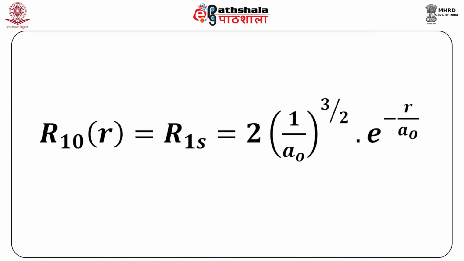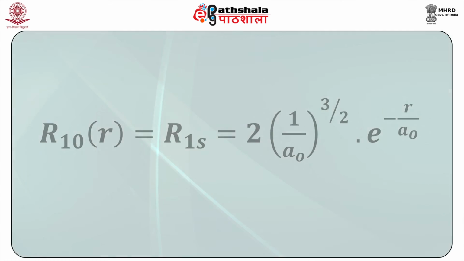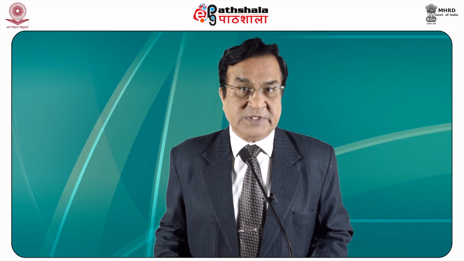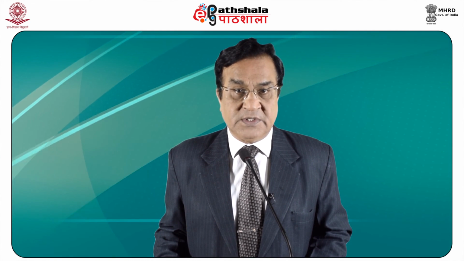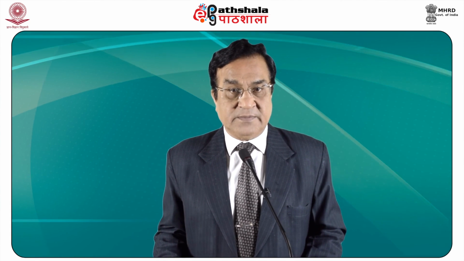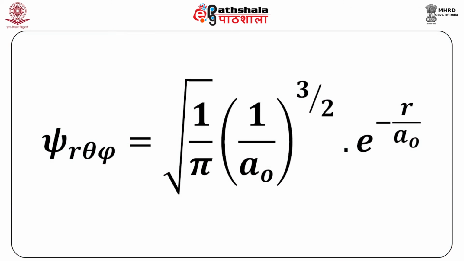The normalized radial function for the hydrogen atom was R10(r) equal to R1s, that is 2 into 1 upon a0 raised to the power 3 by 2 e to the power minus r by a0. Then we found out the expression for the total electronic wave function for the ground state of the hydrogen atom. That comes out to be psi(r, theta, phi) equal to 1 upon under root pi, 1 upon a0 raised to the power 3 by 2 e to the power minus r by a0.